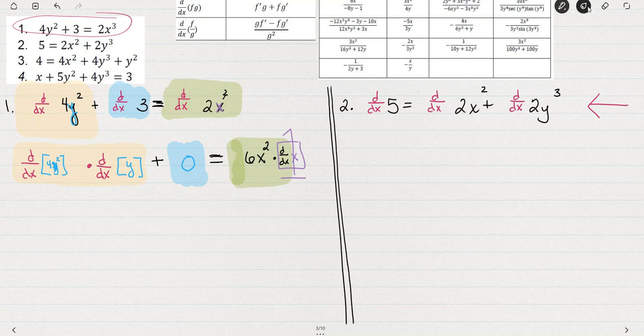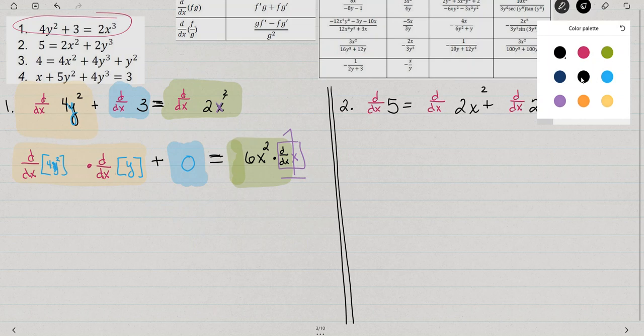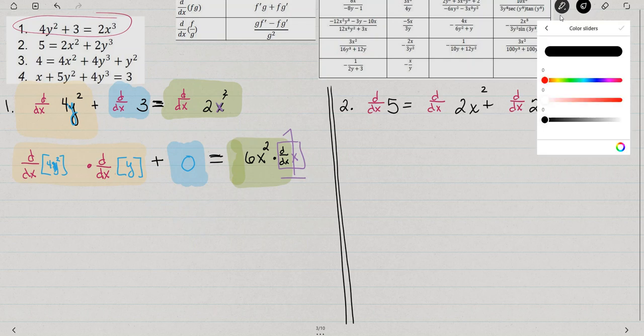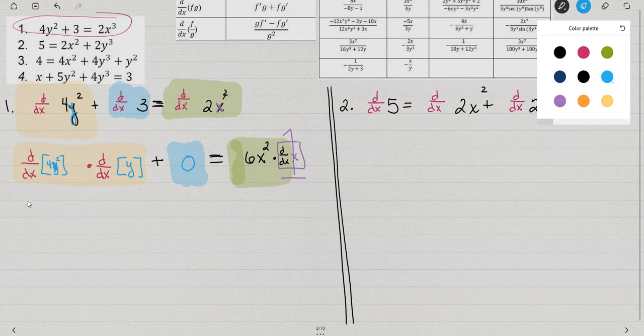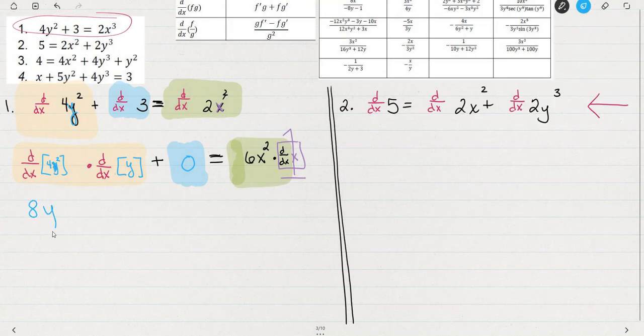The derivative with respect to x of 4y squared, we're going to do 4 times 2 is 8. y to the 2 minus 1 is 1. But I don't really even have to write that 1, right? So the derivative of 4y squared is 4 times 2, 8y to the 1, or just this 8y.